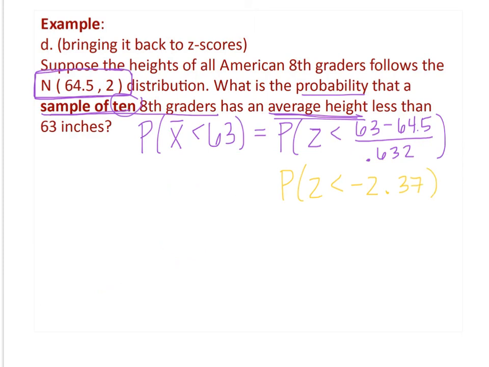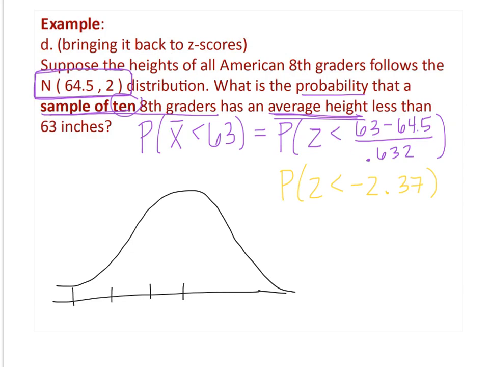So I've given myself some space right here to draw my normal curve. So negative 2.37 would be right over here. So you can see we're much further from the mean than we were on the first one when we only had a sample of 1. My z-score is way up here. But now that I have a bigger sample, getting a value less than 63 is more extreme or more rare.